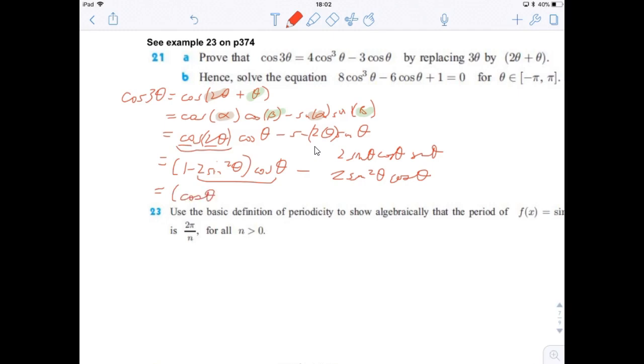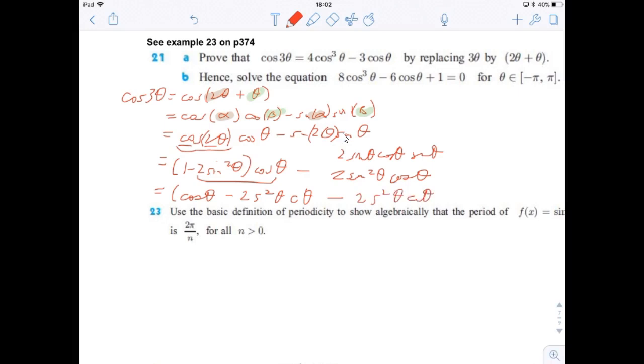I have cosine of theta minus 2 sine squared theta cosine theta. I'm abbreviating sine and cosine as S and C. Minus 2 sine squared theta cosine theta.